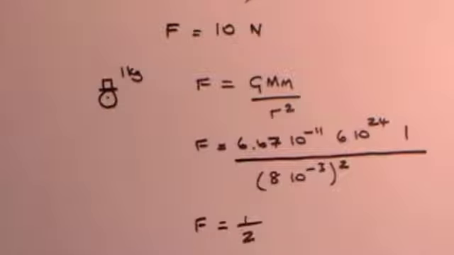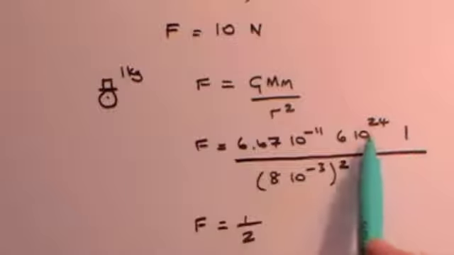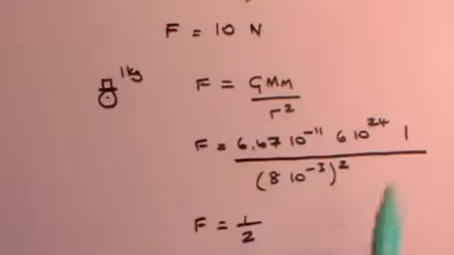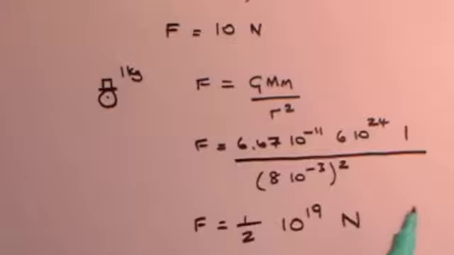We could actually call it 1. That's not going to be of any consequence at all. Now we've got 10 to the minus 3 squared. Well, that's 10 to the minus 6. Bring that up to the top, it becomes 10 to the plus 6. 10 to the 6 times 10 to the 24 is 10 to the 30. 10 to the 30 times 10 to the minus 11 is 10 to the 19 newtons.